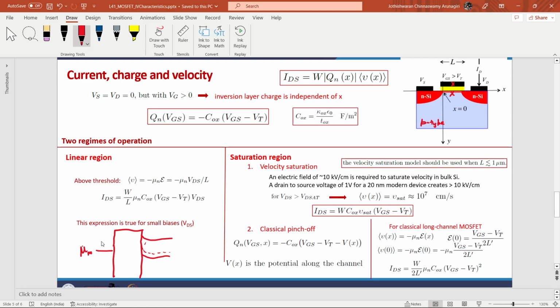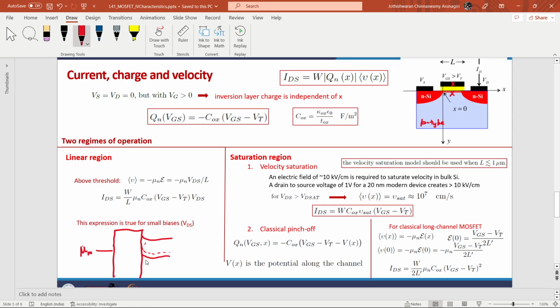If I apply VGS, which way is my band going to bend further? Will this go up or come down?